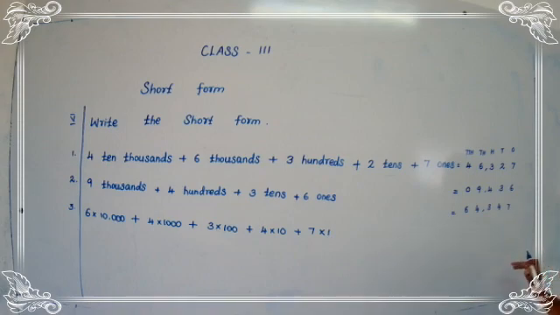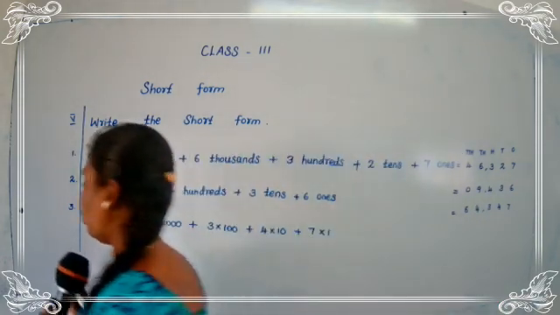Tens and ones you read together. 64,347. Okay, then see the fourth one.